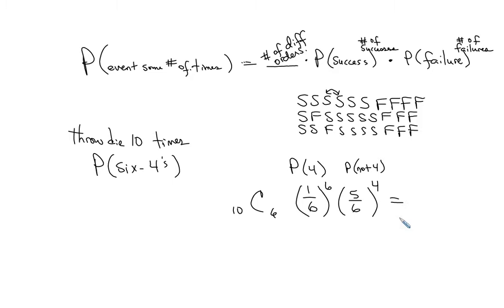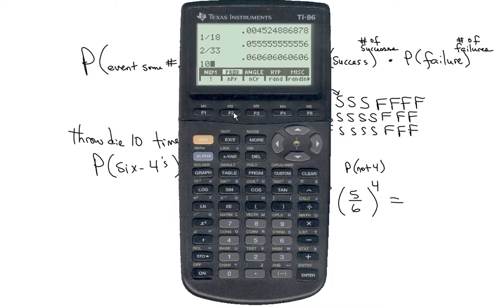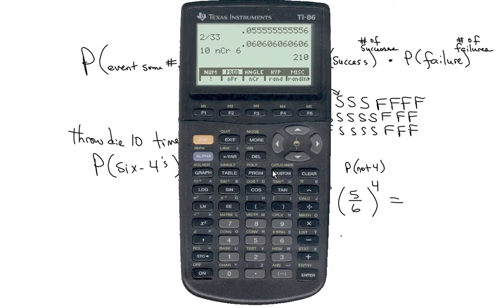So let's do this. 10 choose 6 gives us 210. And we're going to multiply that by 210 times parentheses 1 divided by 6 raised to the 6th power times parentheses 5 divided by 6 raised to the 4th power.